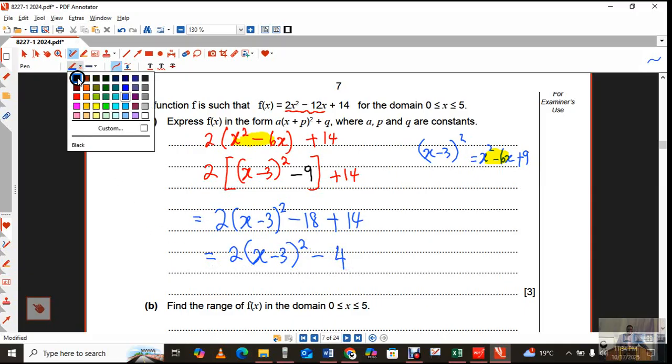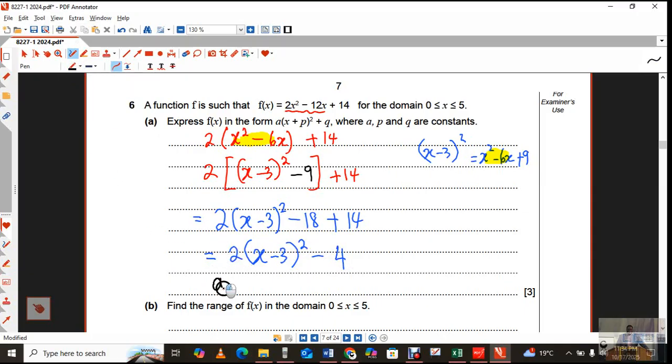Right, so we can actually go ahead and write the values. A is equal to 2, P is equal to negative 3, and Q is equal to negative 4. Treat those as the solutions that we're looking for.